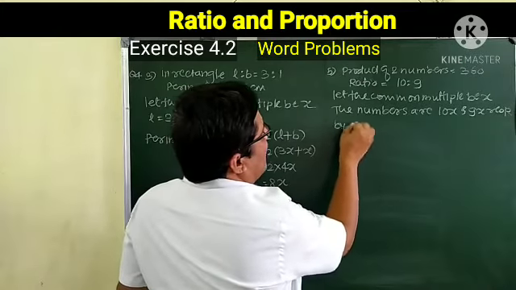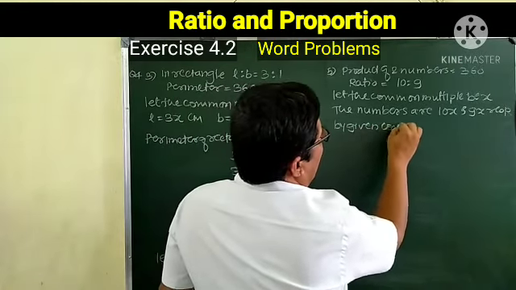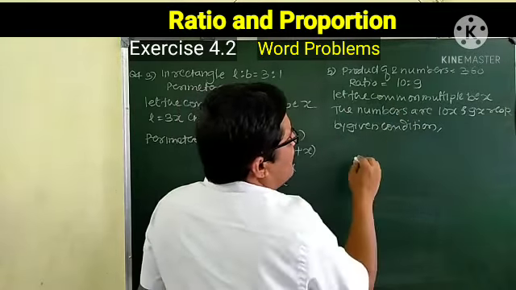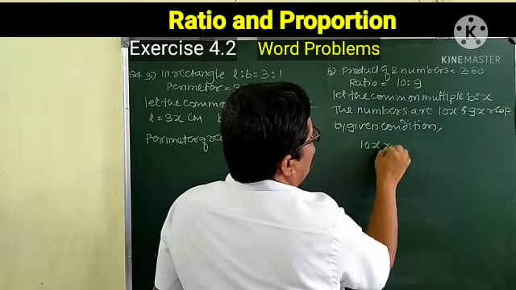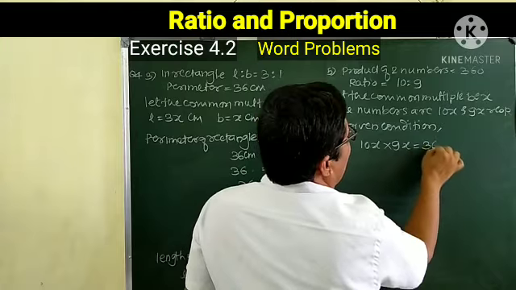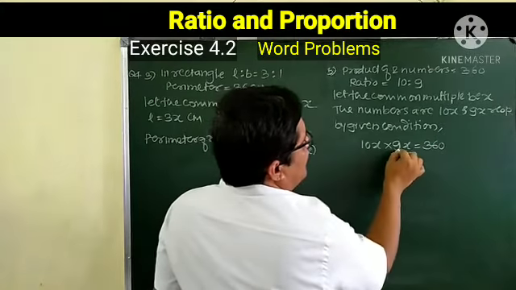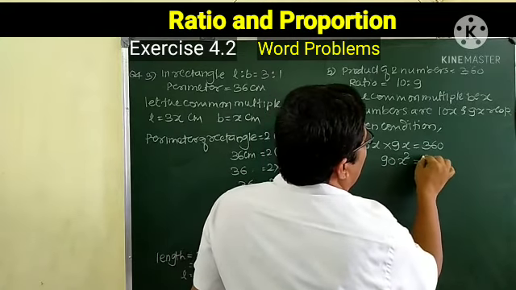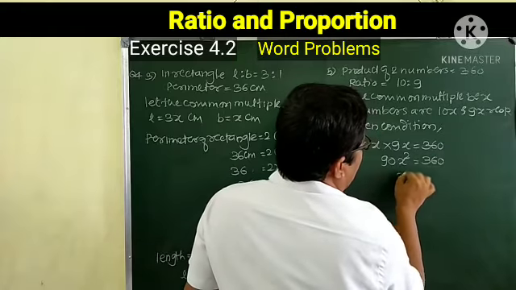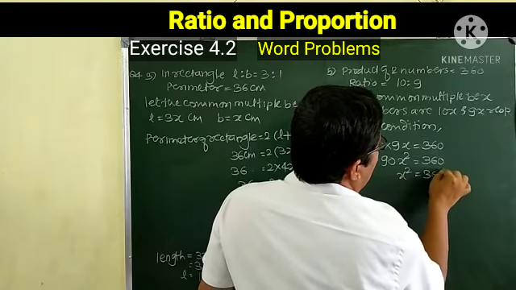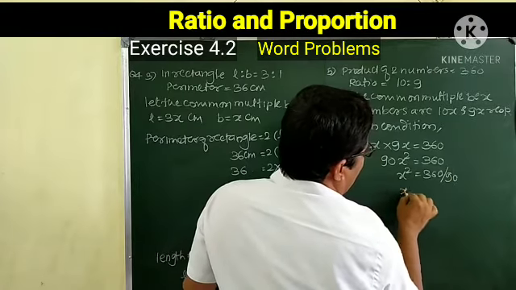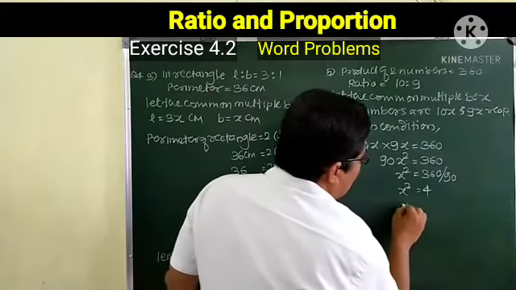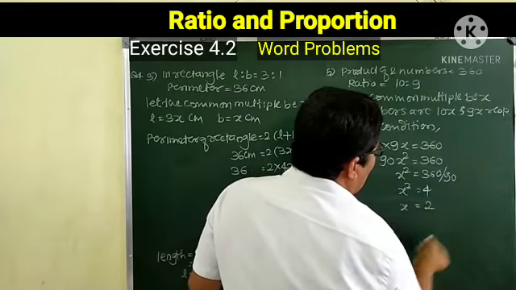So by the given condition, their product is 360. So 10x multiplied by 9x is equal to 360. 10 into 9, 90, x into x, x square is equal to 360. x square is equal to 360 upon 90. x square is equal to 4. So x is equal to 2.